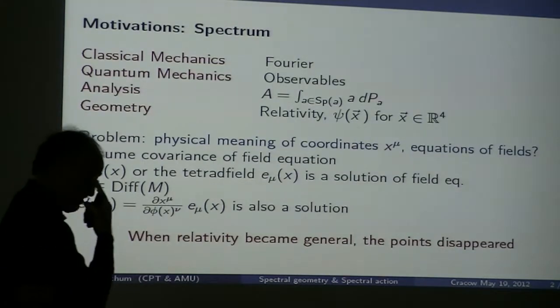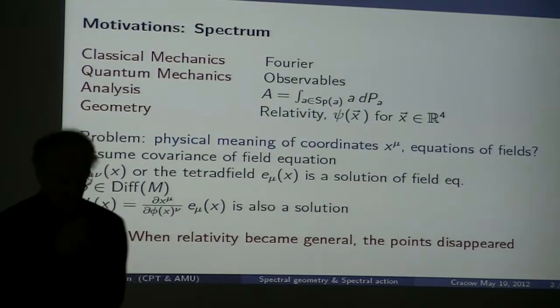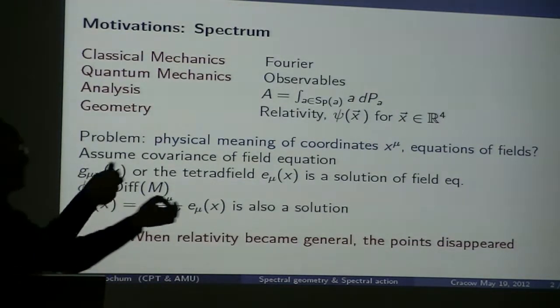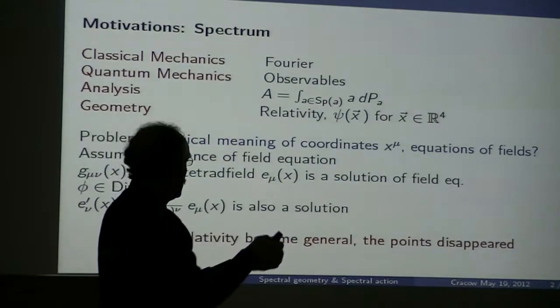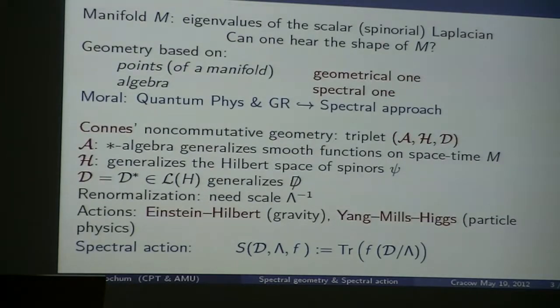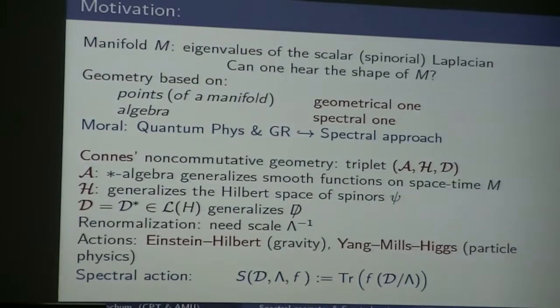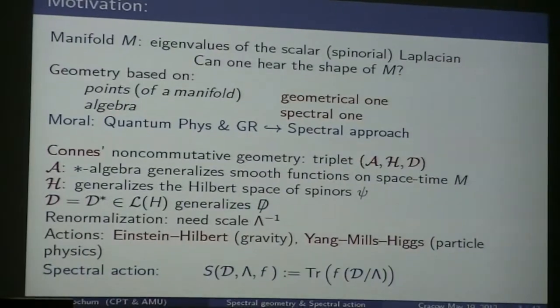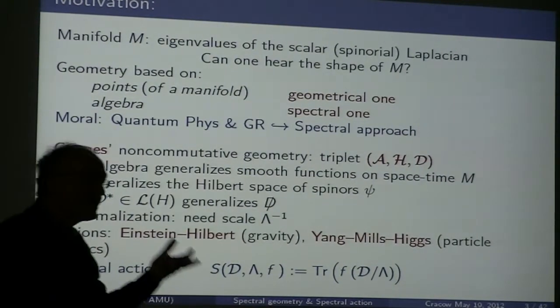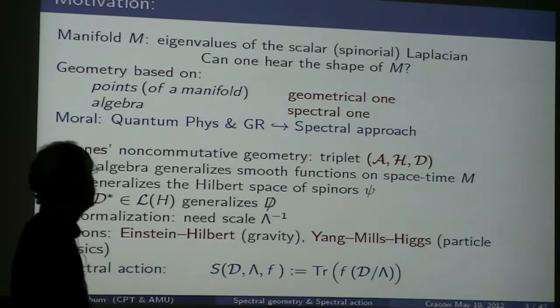So for me, you arrived at this rough conclusion, which is when relativity became general, then the point disappeared, because this point is equivalent to that point via some active diffeomorphism. So you see, in some sense, the point disappears. So at this level, when you have a manifold, we know that the knowledge of the eigenvalues of the Laplacian is quite important, because this gives you some information about the manifold itself.